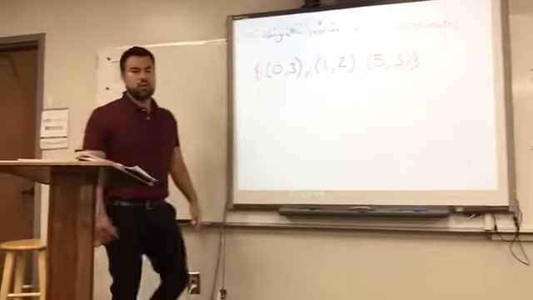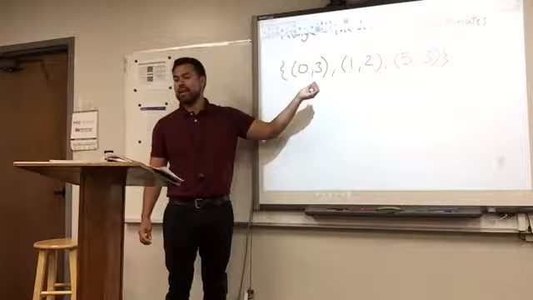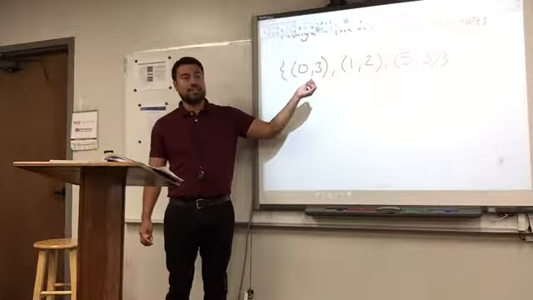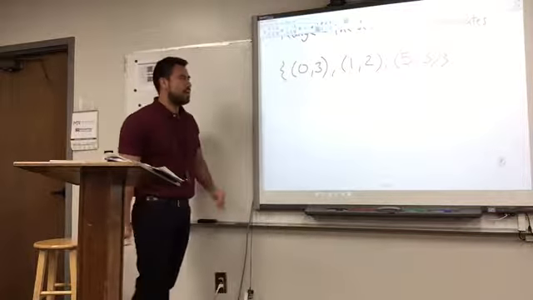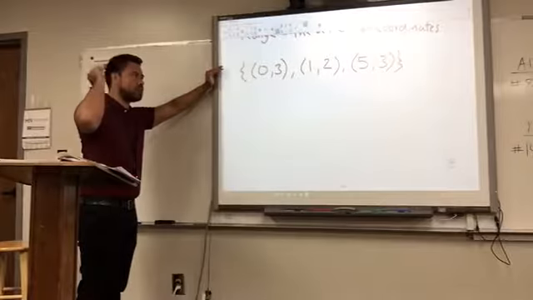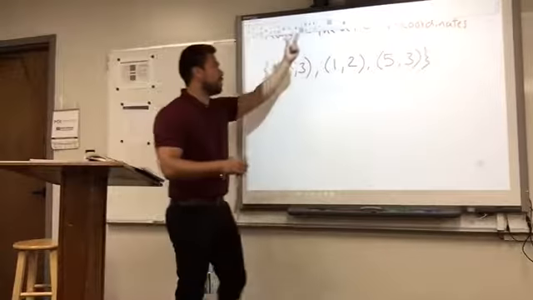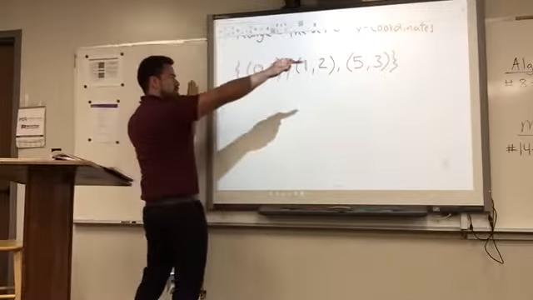What's another name to call this set? You can look at your terms. Relation. Yeah, and the word function is coming. But this is a relation. Why? It's a relationship between x and y numbers, or it's a set of ordered pairs. So here we have 3 ordered pairs. This is a relation.